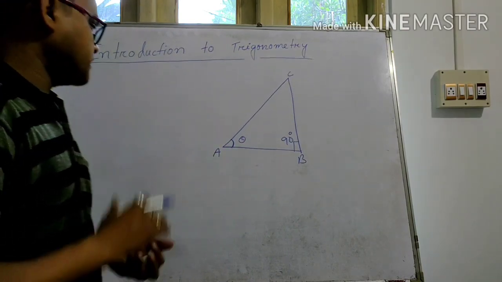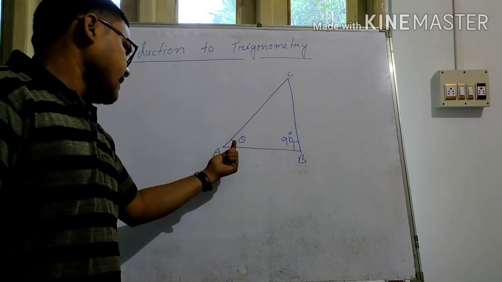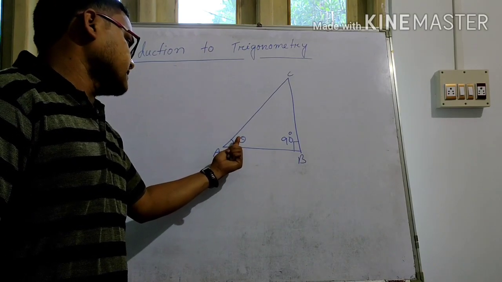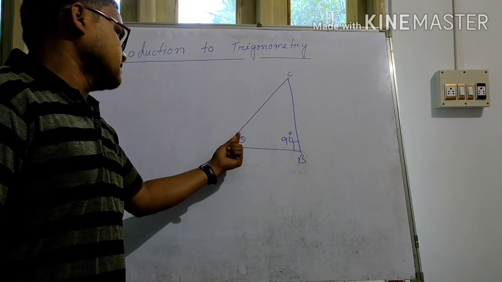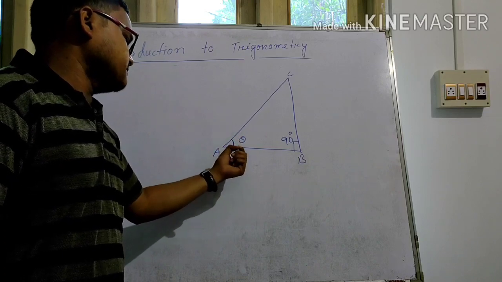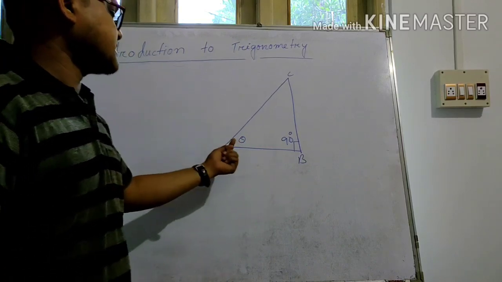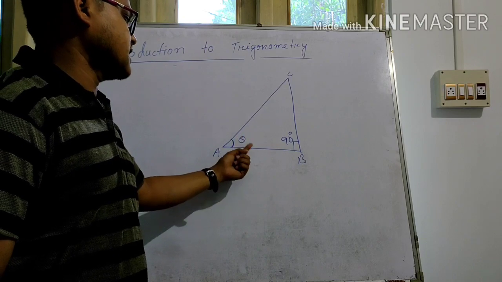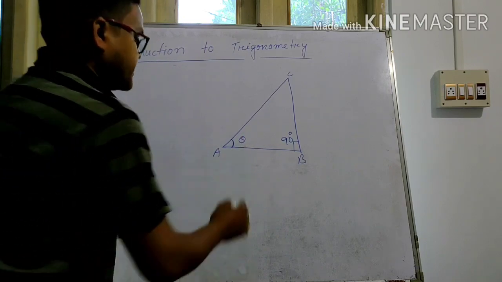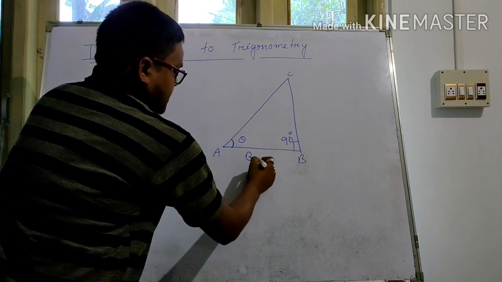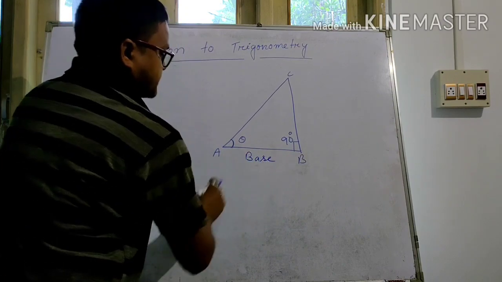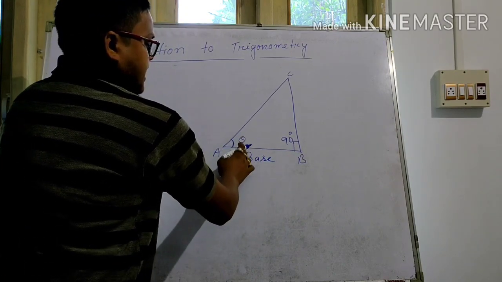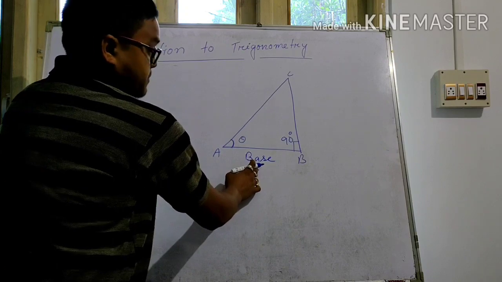When you consider this theta, the nearest side, that is the adjacent side of theta, is known as the base. Always remember, the adjacent side of theta is known as the base.